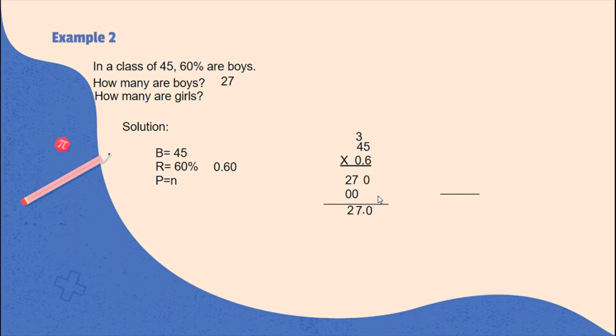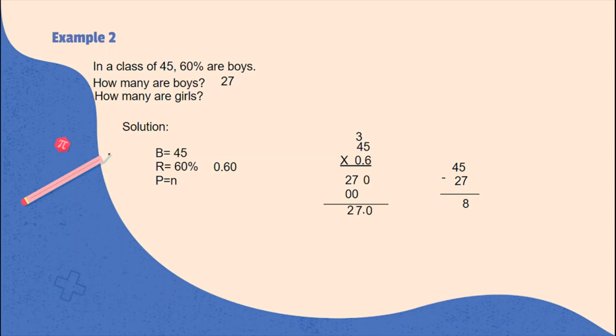Now, to find out how many girls there are, we subtract the number of boys from the total number of students in the class. So we have 45, which is the total number, subtracted by the number of boys, which is 27. The answer is the number of girls. So 45 minus 27: 5 minus 7.